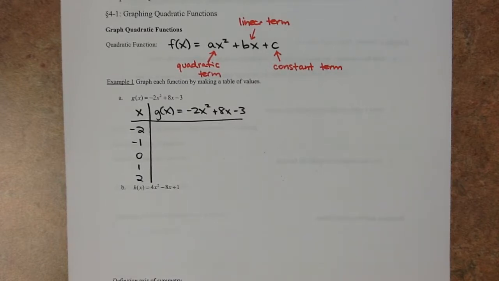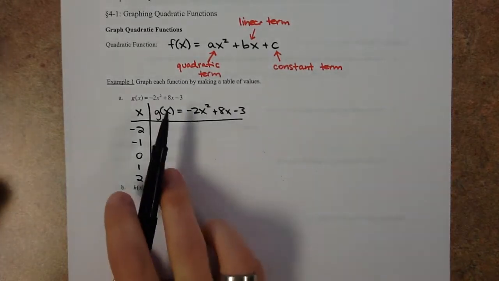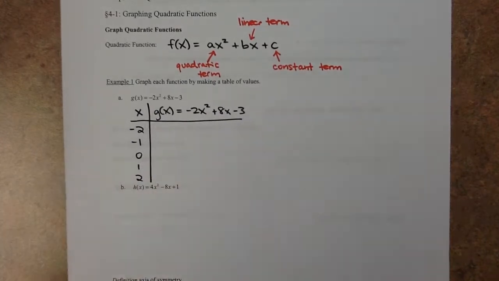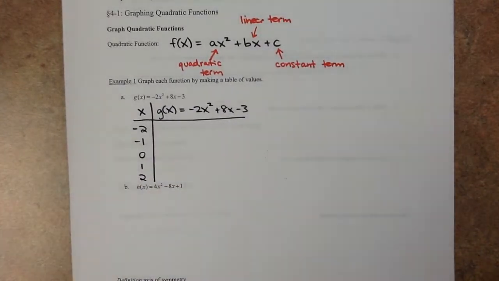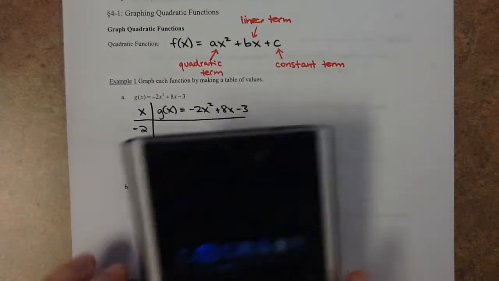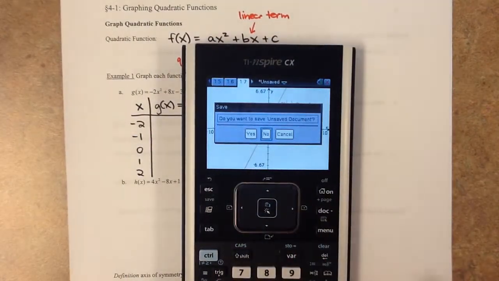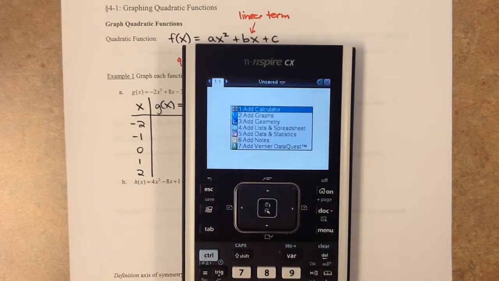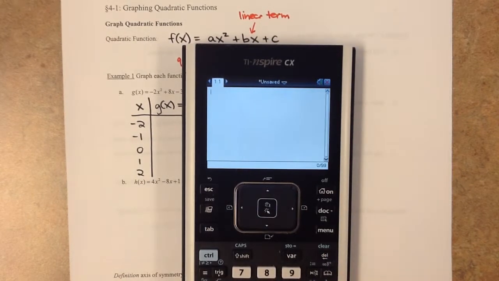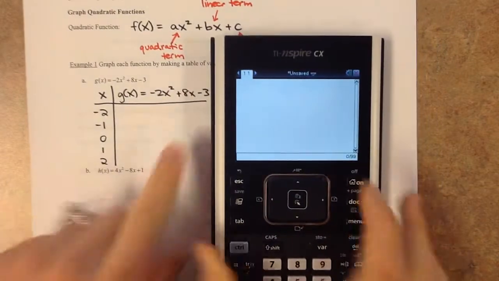So what we're going to do is take those 5 values and plug them into this function here. We can do this right on our calculator. So if you would, open up a new document. Don't save the old one, doesn't matter what it is. And we want to add a calculator page. So here is our function right here.